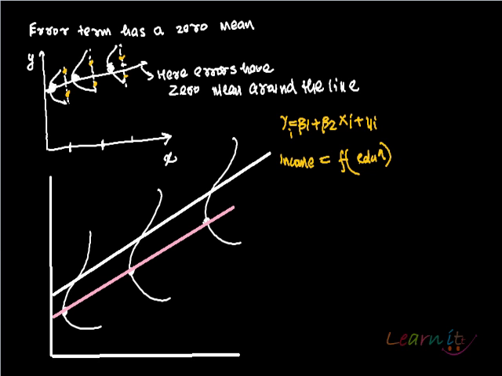Apart from education, there might be hundreds of other factors which are affecting income, but you will assume this, that they do not systematically affect the mean value of y.